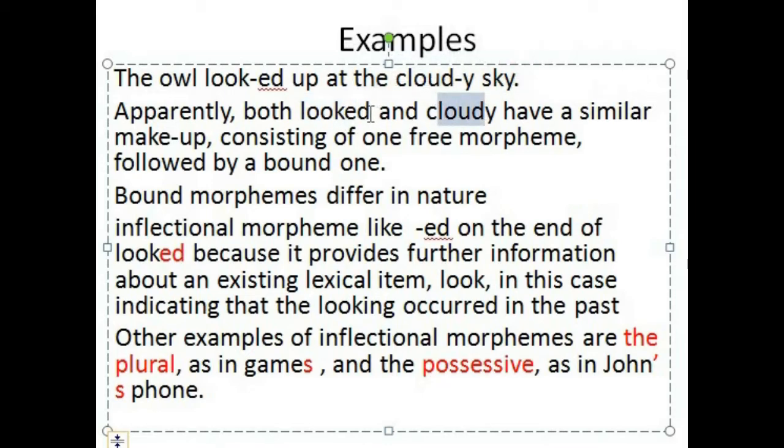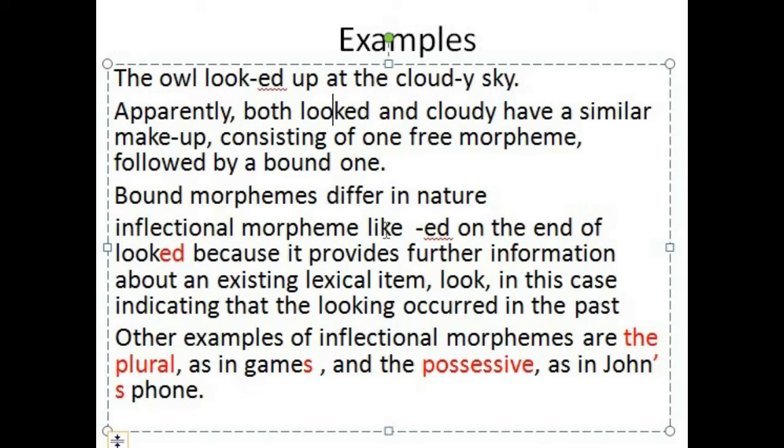But the problem is that they, with the bound morphemes, have a similar structure, consisting of one free morpheme, which is look, and cloud, followed by one bound one, which is -ed and -y, right?